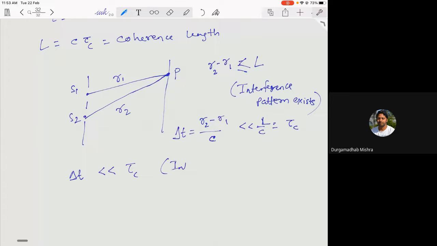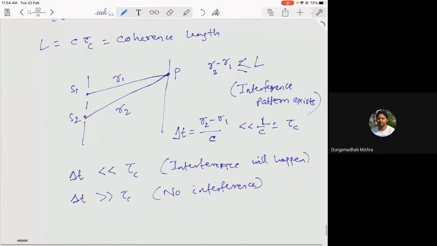So interference will happen, and if delta T is greater than tau C, no interference. This is true for any wave.